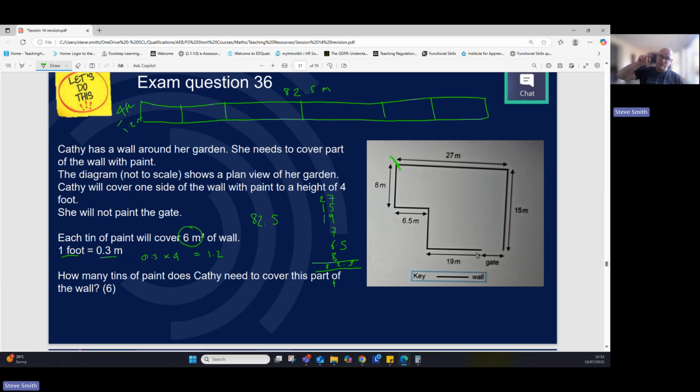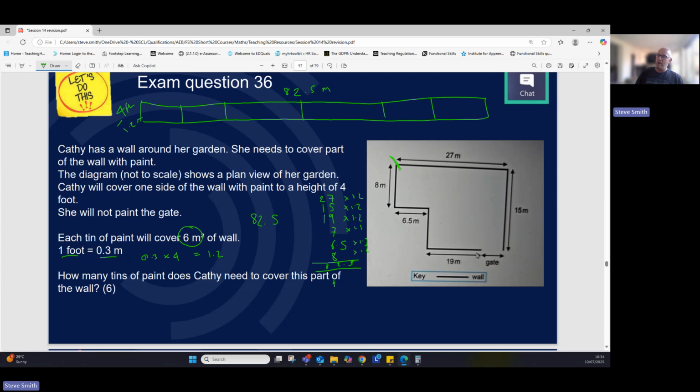So we know we're going to go 82 along. We could add each wall up, absolutely. So you could go 27 times by 1.2, 15 times 1.2, 19 times 1.2, 7 times 1.2, 6 times 1.2, and 8 times 1.2. And you're going to get the same answer as what we would get now.